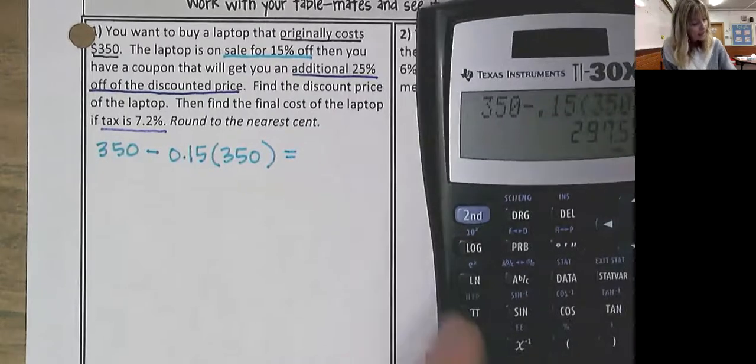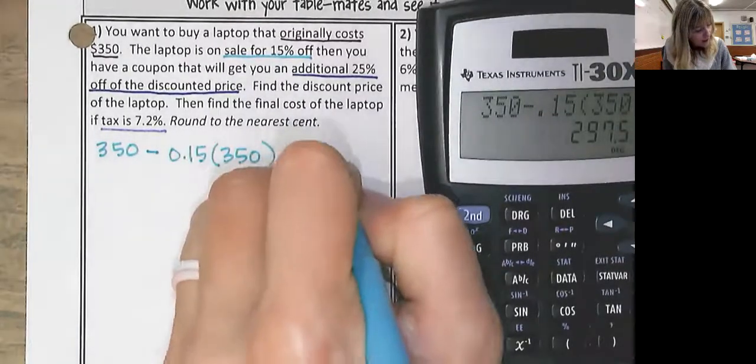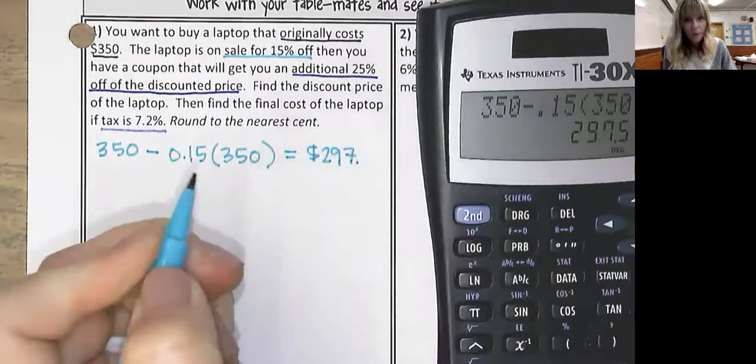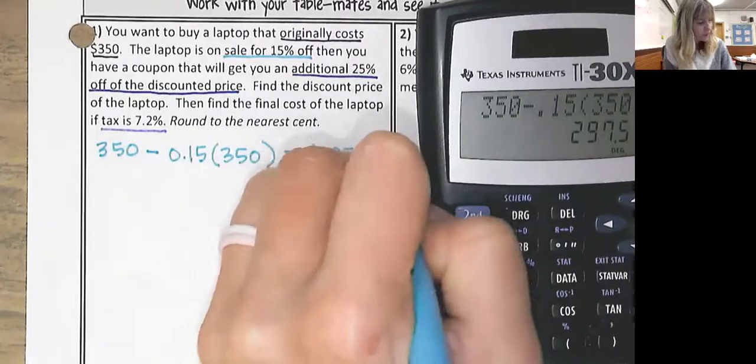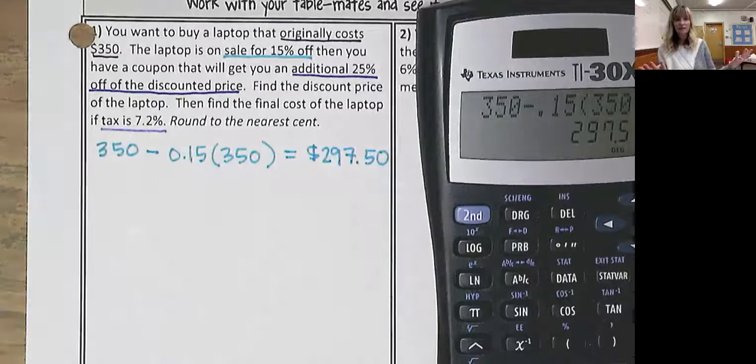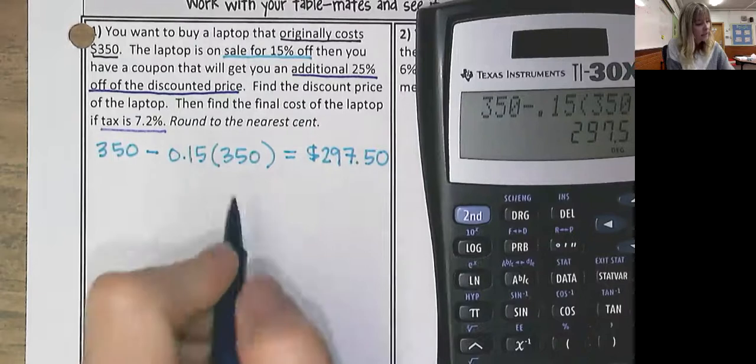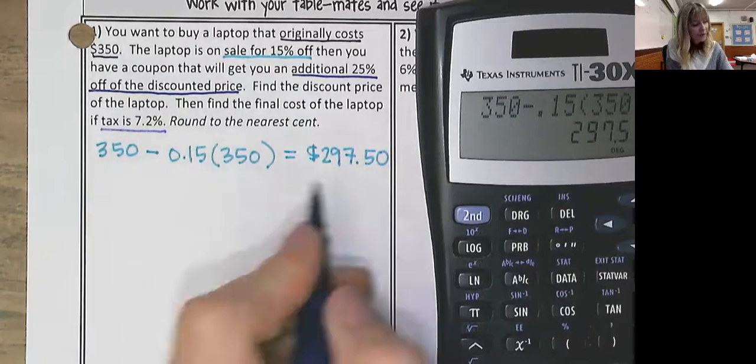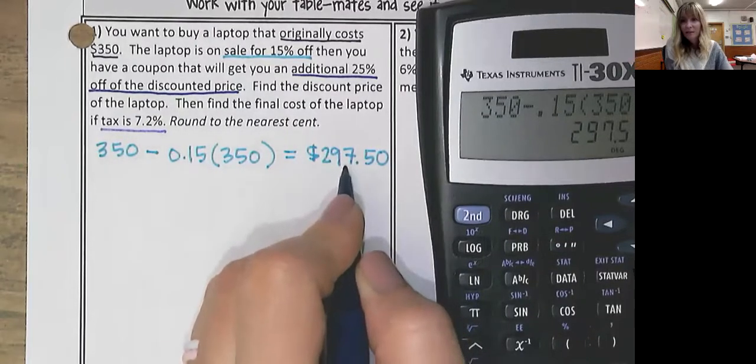That means after the 15% off, and some of you are still typing in like 0.5, that is not how money works. It's 0.50, that's 50 cents. This is the price just with the 15% off, okay? Now the next thing they said is I get an additional 25%, but now it's not 25% off of that, it's 25% off of this discounted price.